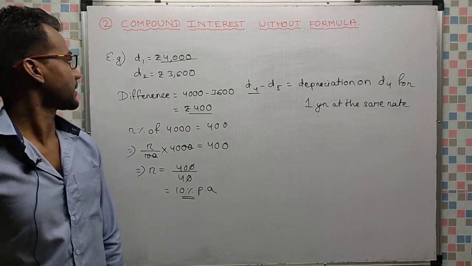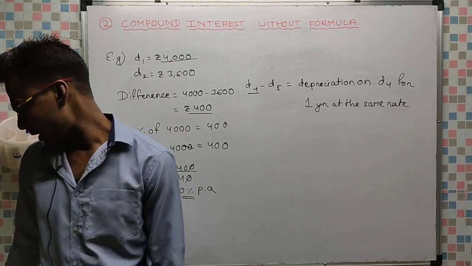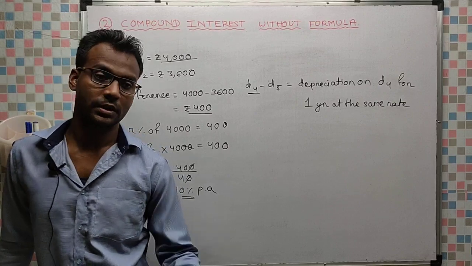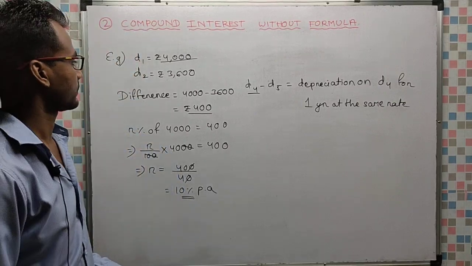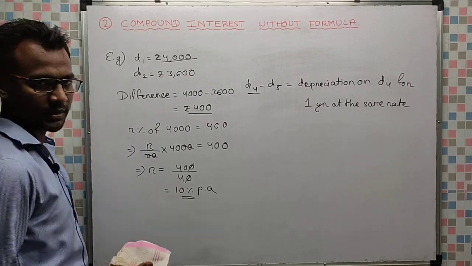Okay, so this is the answer for the first bit. Next, we have to find the original cost of the machine. Rate is 10%. Remember.